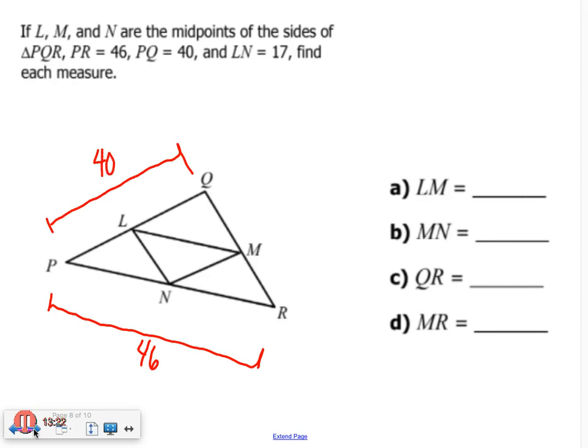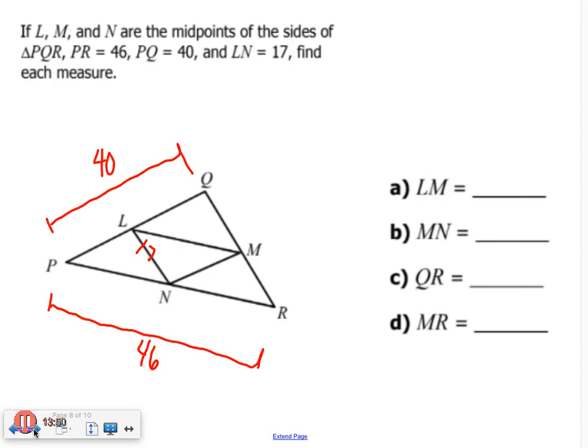And LN is 17. And we're also told that L, M, and N are all midpoints of those sides. So then what do I know about all three of these little segments inside here? They're all the mid-segments, right?